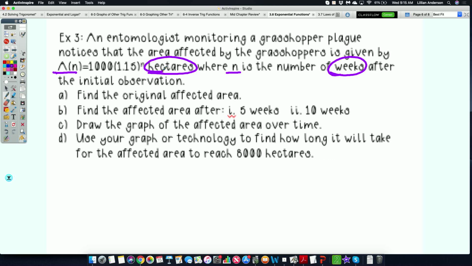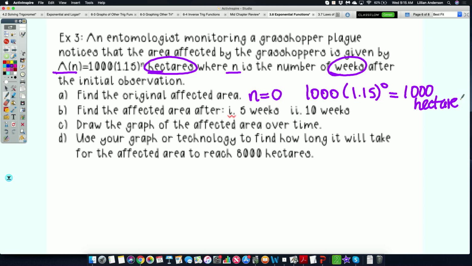So this would be when n equals 0. We plug it in, so that gives me 1,000 times 1.15 to the 0 power. What's that? That becomes 1, and then you multiply it by 1,000, so it's just 1,000 hectares.